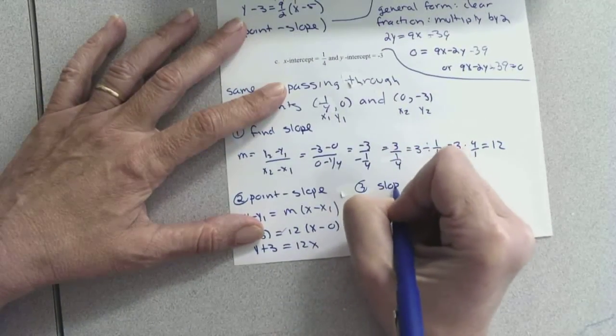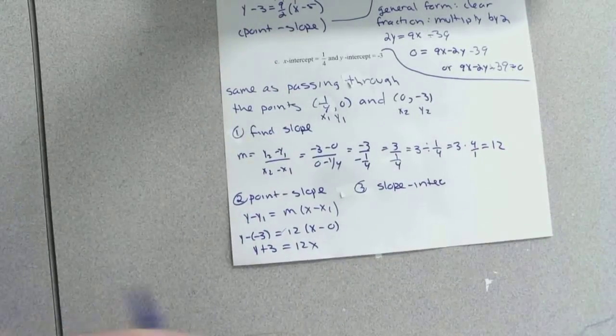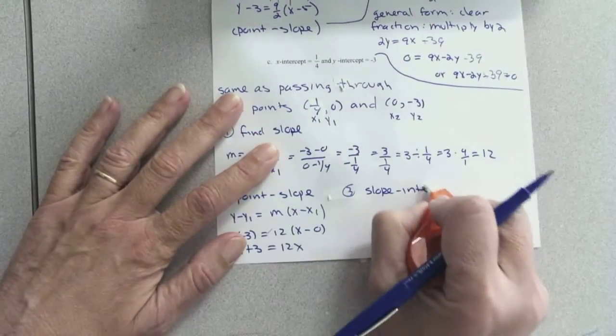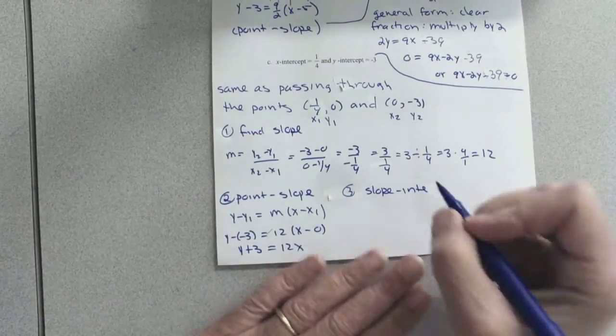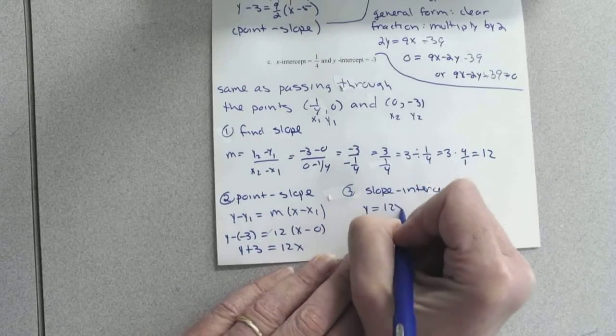Then slope-intercept. Well, that's just going to be moving that 3 over.